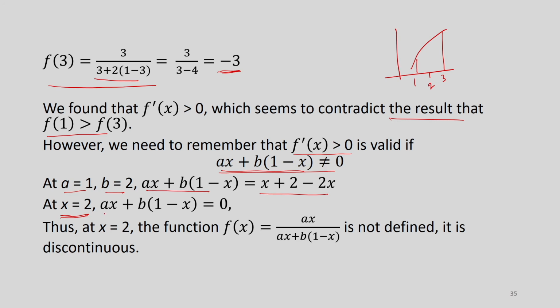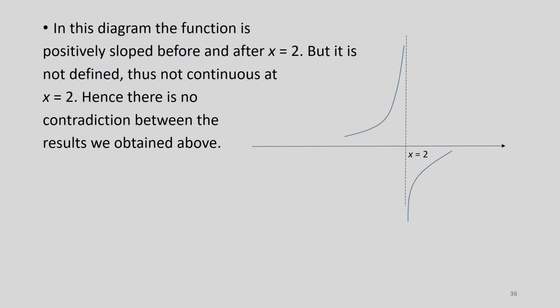Then this expression turns out to be 0, which means that the function that we are given, f x, which is a x divided by a x plus b times 1 minus x, is not continuous at x is equal to 2, it is not even defined at x is equal to 2. Now, that is basically creating the problem.